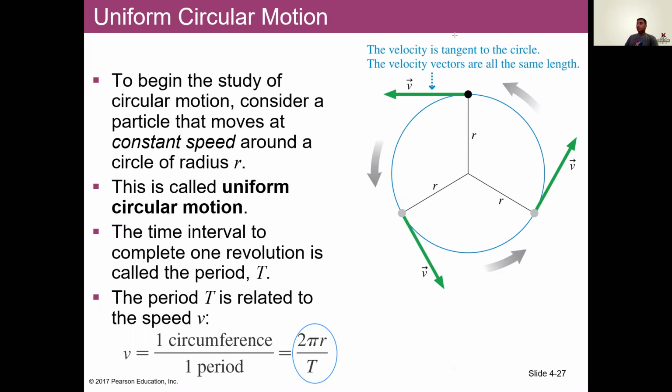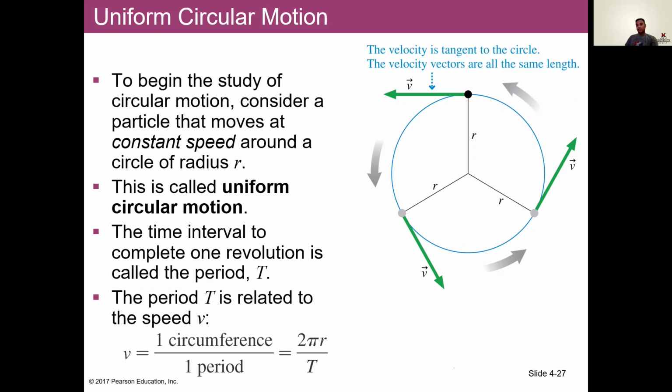But what we can notice here is quite interesting: this is a classic case where you have the velocity changing from point to point without changing the speed. Remember when we talked about velocity changes or acceleration, we talked about two cases.